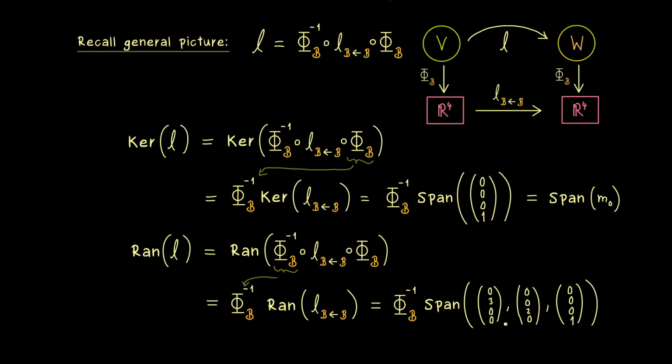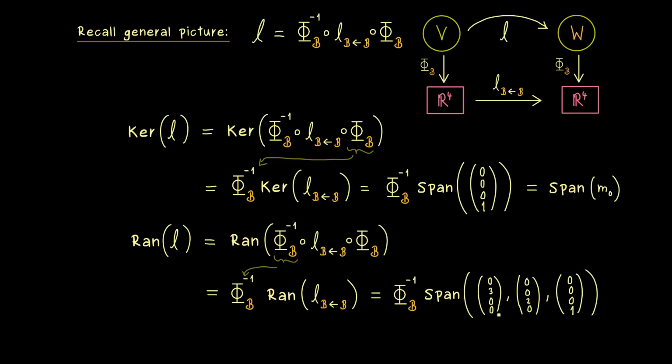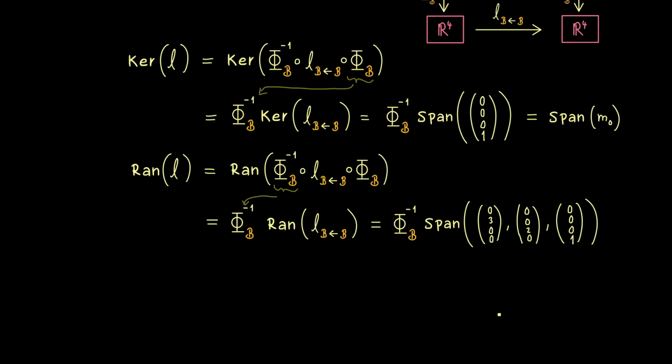To be fair, we actually have constants in front of the vectors, but they don't change the span at all. Hence we can simply write the range of L is given by the span of M2, M1 and M0. And again, you can check that the rank nullity theorem is satisfied, so the dimensions of the two spaces fit together.